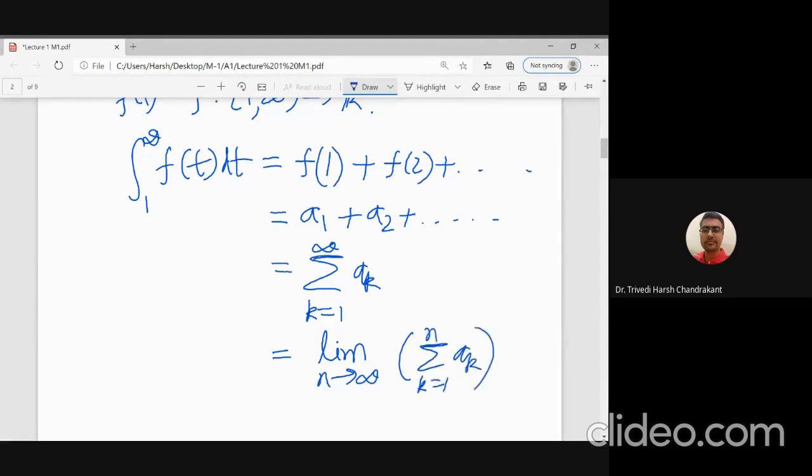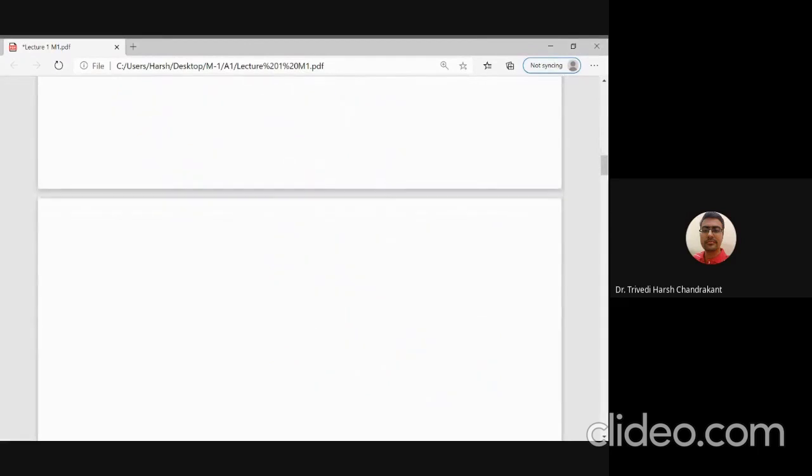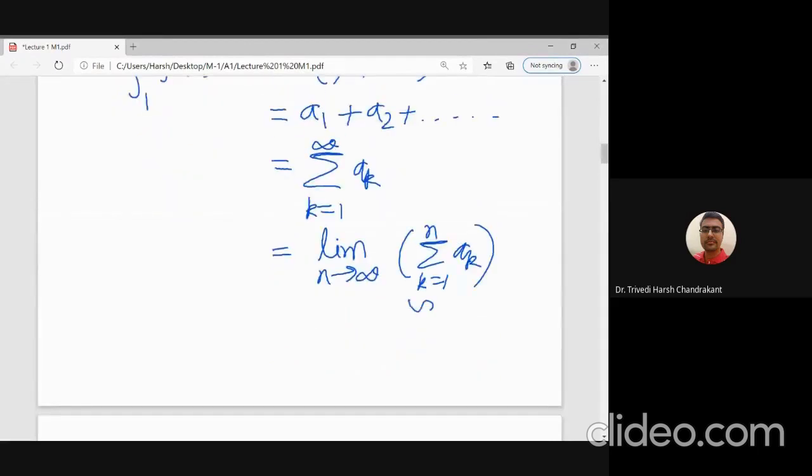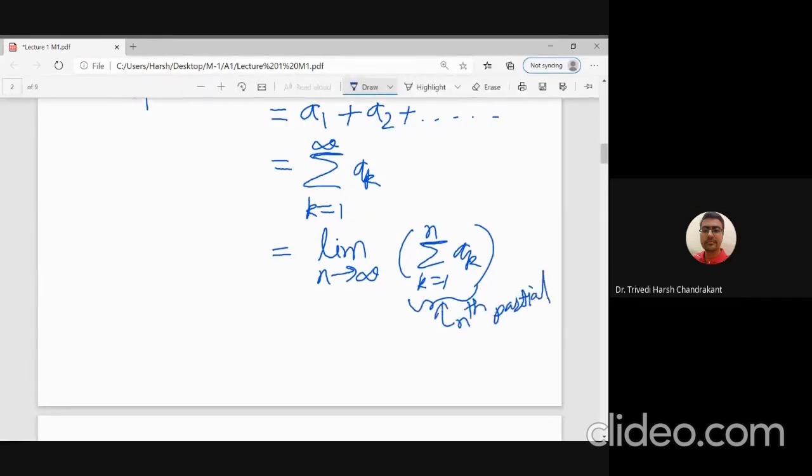This is the formula of the nth partial sum. And on the other hand, when we go backward, what is this sum?